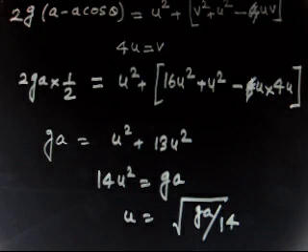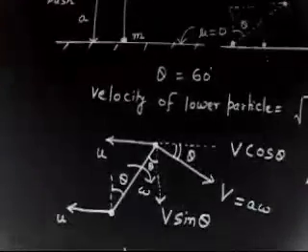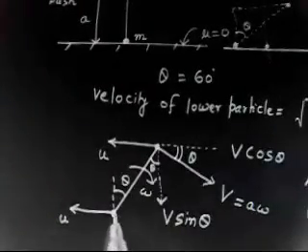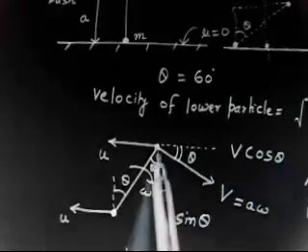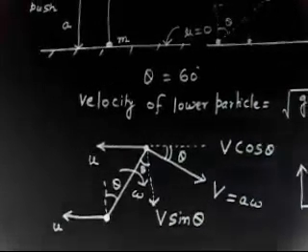So the tangential velocity of this point will be A into omega, and let us call that A omega as capital V.